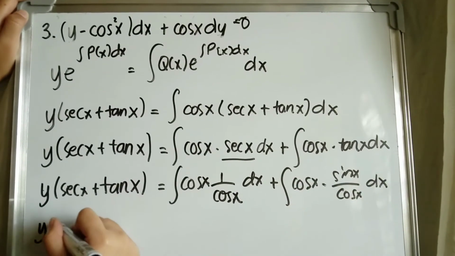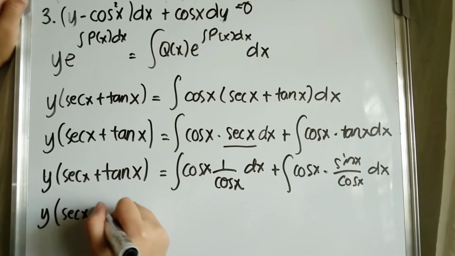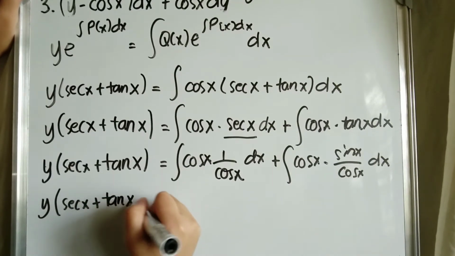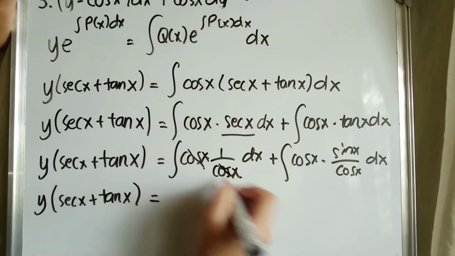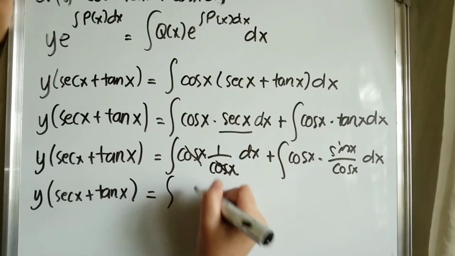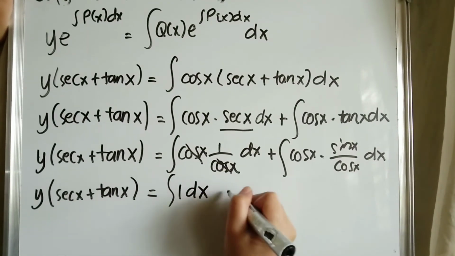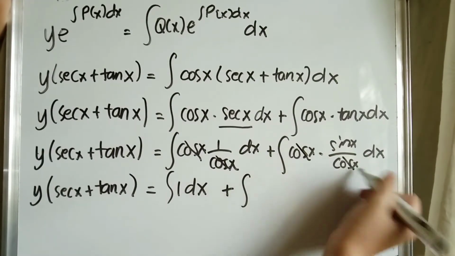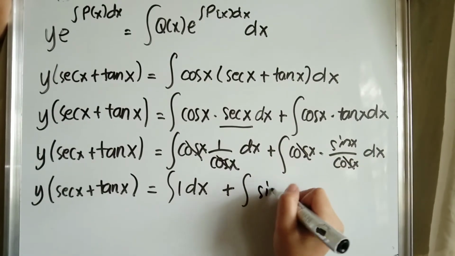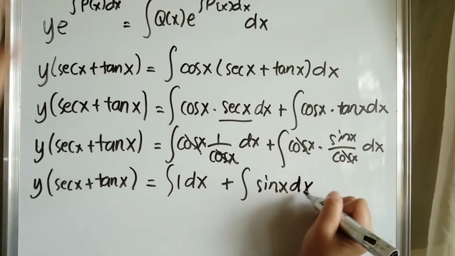So this will become y times sec x plus tan x is equal to, so this is cancelled, so the remaining value is the integral of 1 dx plus the integral of, this is also cancelled, sin x dx.